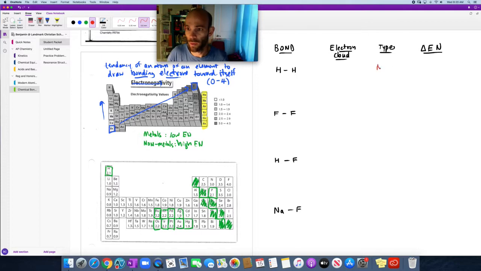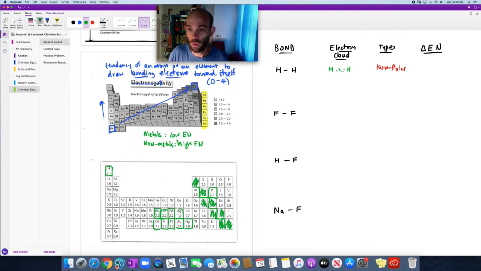And what nonpolar means is, if you could zoom in and see the electron cloud, and see what those 2 electrons that are being shared are doing, they're going to be shared equally between the 2 atoms. To illustrate that, I'm going to write out the symbols of the atoms again.